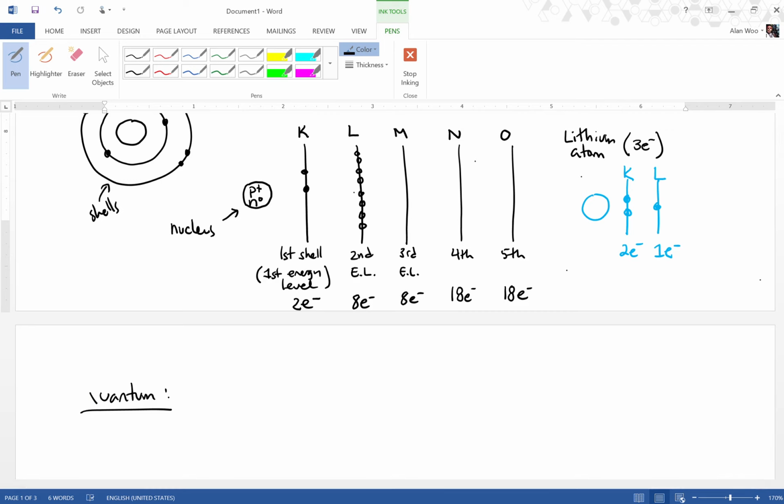It's much more complex, and because of its complexity, I will need to put it into a different video, just so I can focus on the quantum model, because it'll pretty much take me just as much time to explain the quantum model as I did with the Dalton all the way up to Bohr. So once you're done with this video, just click on the next video and I'll continue with the lesson on atomic models.